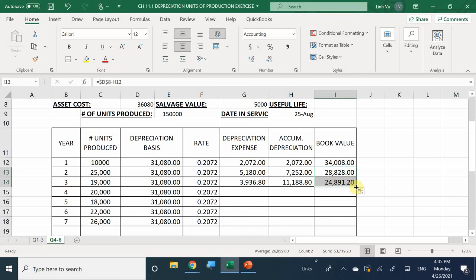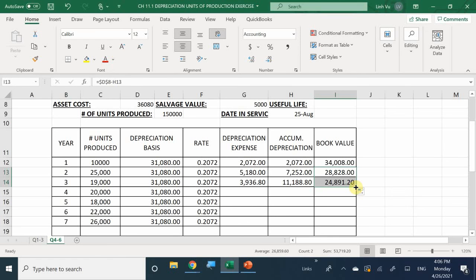Good, excellent. So once you get the hang of filling out the Excel and you know exactly what to do, pulling and dragging down the formula makes it so much easier to calculate everything. Okay, but let's go ahead and continue.